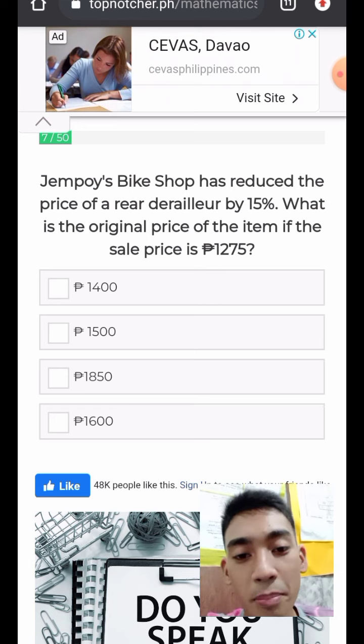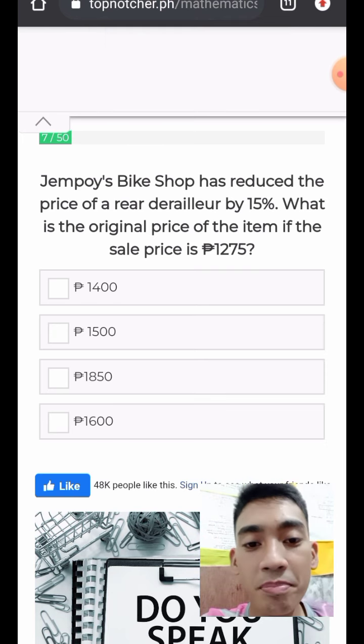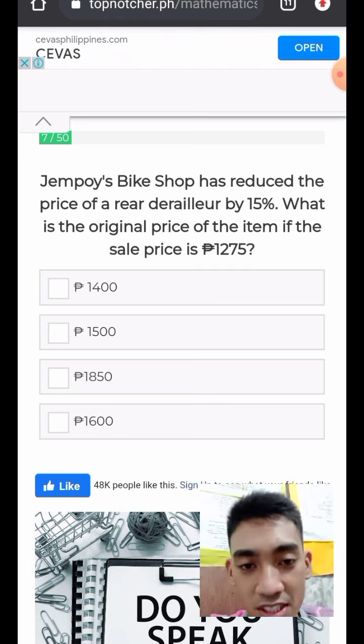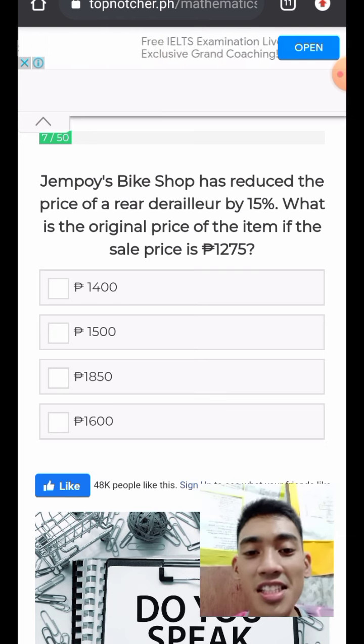What is the original price of the rear derailleur? The original price will be X, and the selling price will be 1,275 pesos. So we will multiply the original price by 0.15, because 15%, and subtract it. What is the 15% of the original price? That is the selling price.